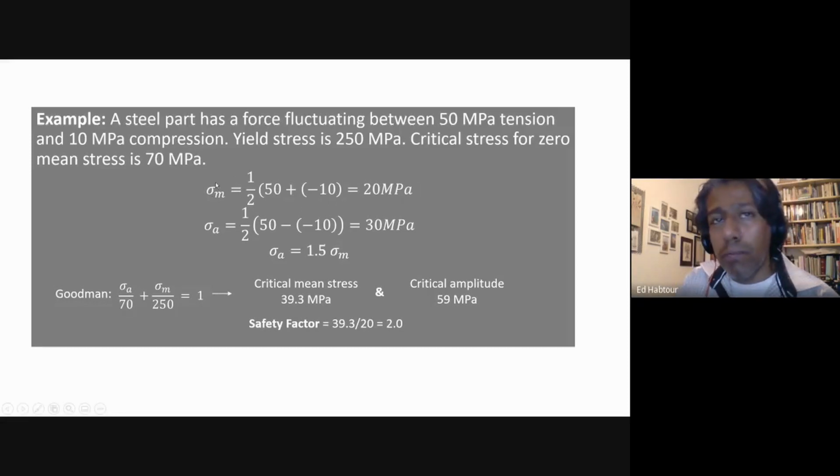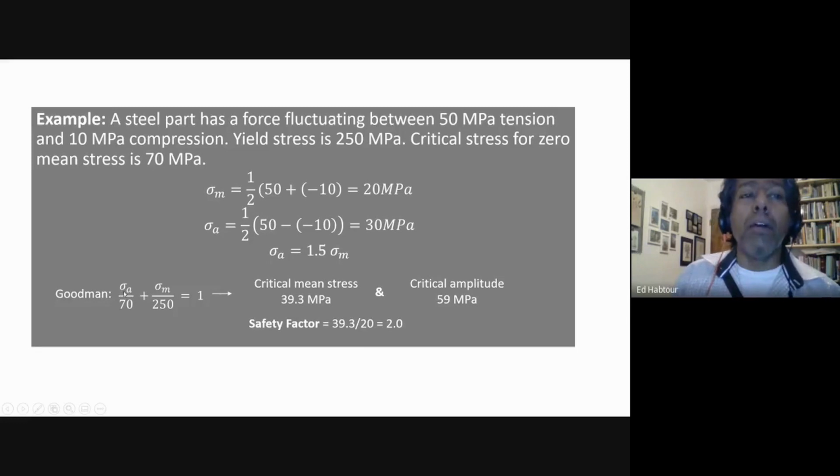We know I covered how we calculate the mean and the amplitude. And now I have a relationship between the amplitude and the mean based on the fluctuation in the load.